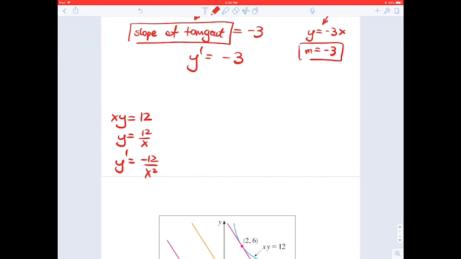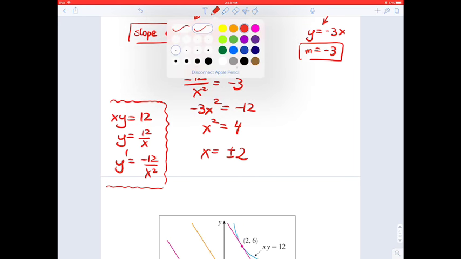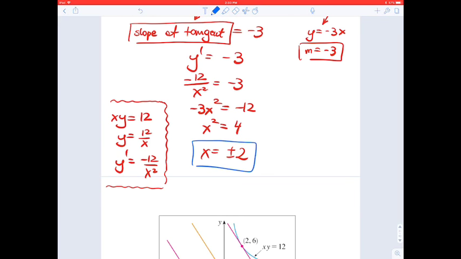Okay, we do have the derivative of our function, so let's plug in: negative 12 over x squared equals negative 3. We can cross multiply: negative 3x squared equals negative 12. We divide by negative 3 and take the square root: plus or minus 2, positive and negative 2.